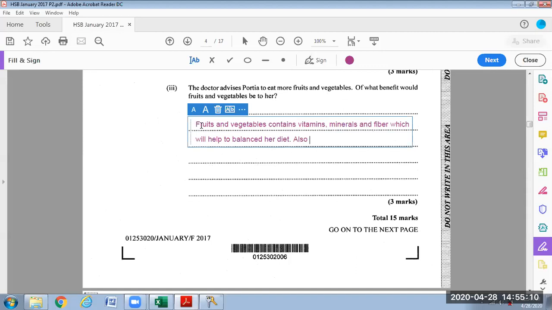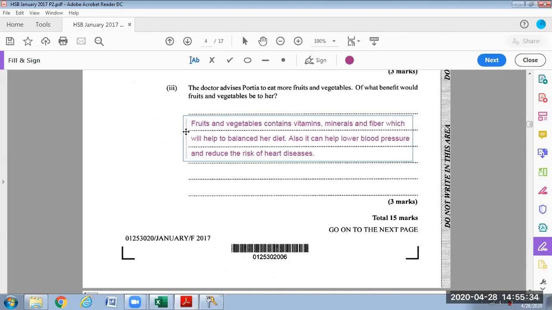Also, it can help lower blood pressure and reduce the risk of heart diseases. That's also a point. So it's 3 marks we're trying to earn. Any questions so far?